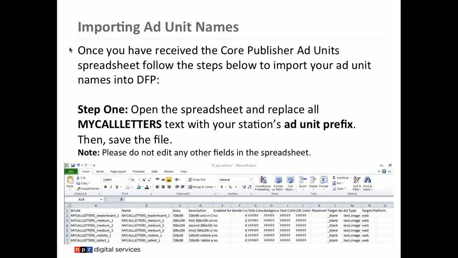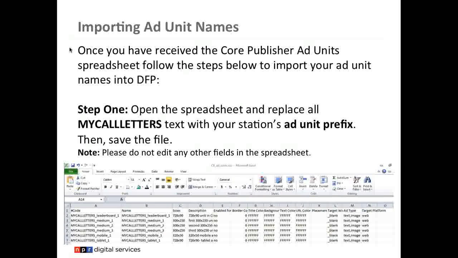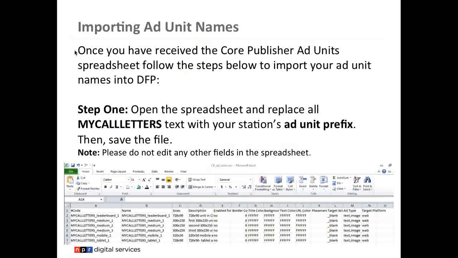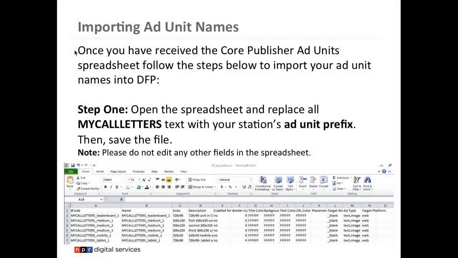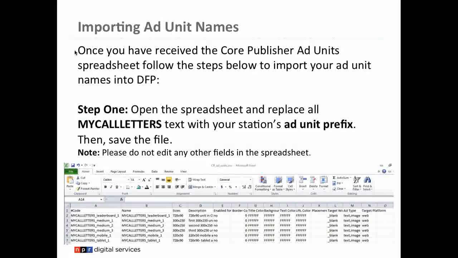And then finally, for your mobile ad, you want to make sure that you are using mobile_1 to identify which ads you would like to show up on mobile. We will provide you with a CSV containing the ad unit names that you can import into DFP.